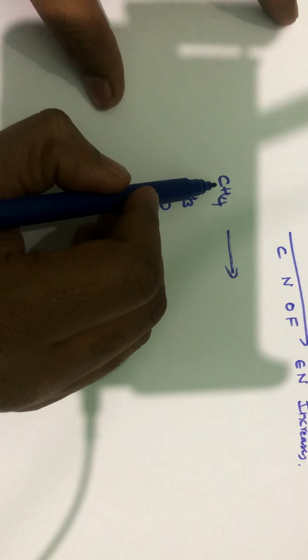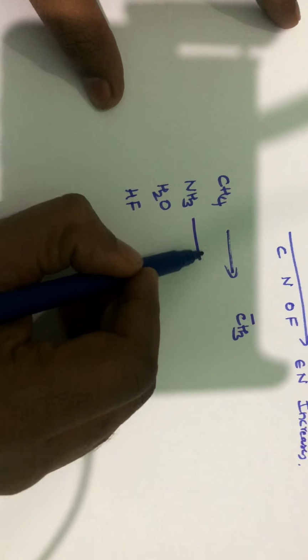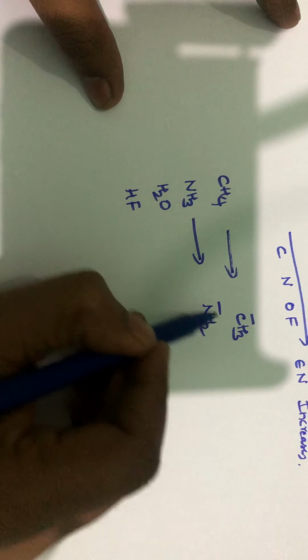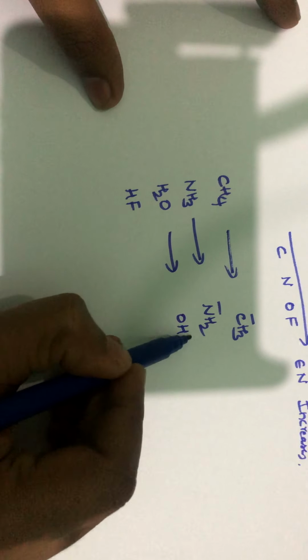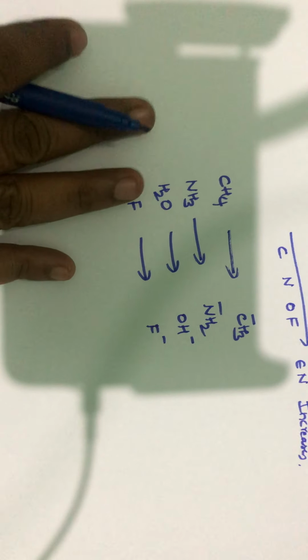Now, CH4, if it loses a proton, forms CH3 minus. NH3 releases a proton to form NH2 minus. Water releases a proton to form OH minus. HF releases a proton to form F minus.